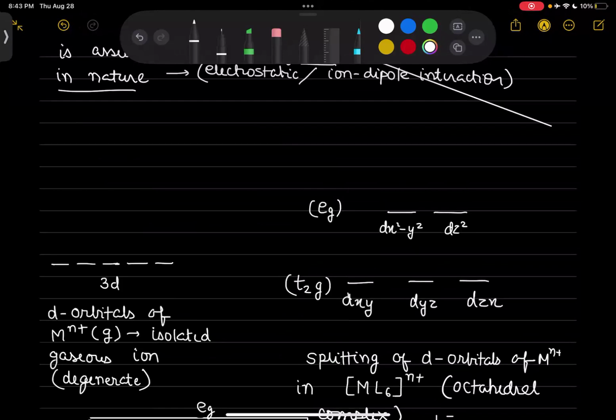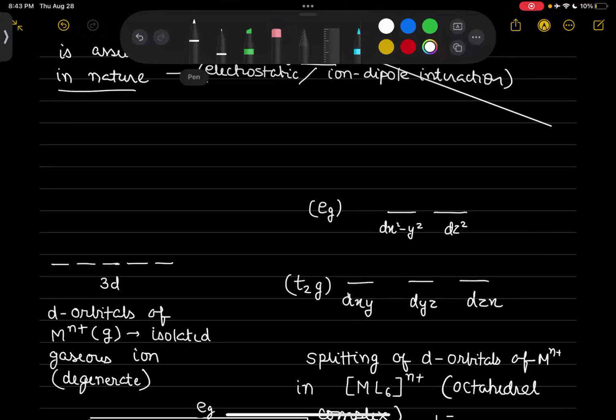This pattern is only for octahedral. Got it? Not for the tetrahedral complex. For tetrahedral, it will be different.